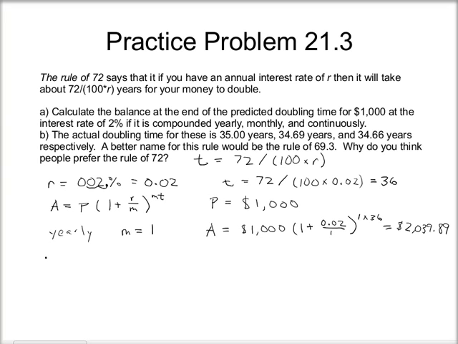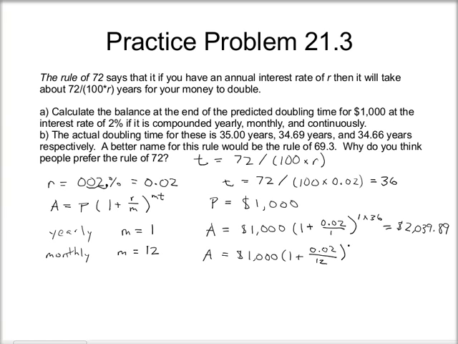What about if my interest is compounded monthly? Then the only thing that's going to change is my value for M. So if my interest is compounded monthly, that is 12 times per year. So M is going to be equal to 12. Then A is going to be equal to 1,000 times 1 plus 0.02 divided by 12.